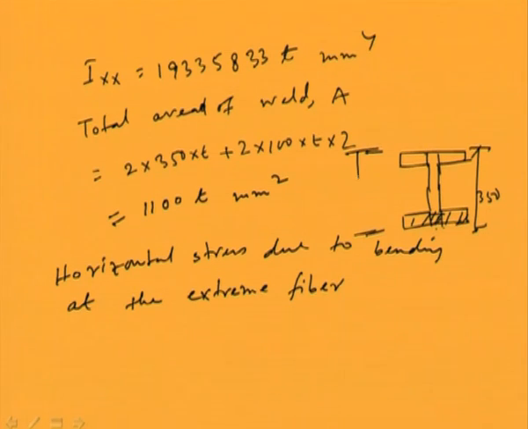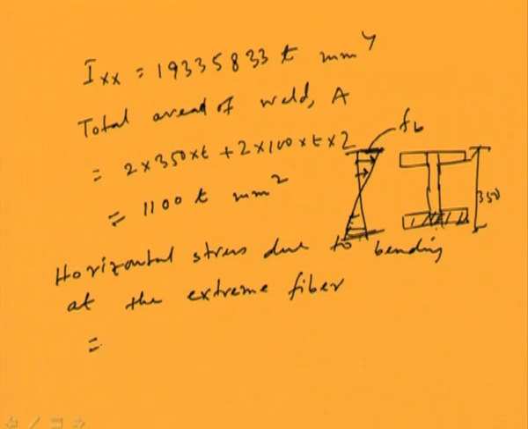If I look at the stress distribution over the depth of the section, the stress will be like this, and the stress direction will be like this. So the stress distribution will be like this. The maximum stress will be either at the top or at the bottom, that means at the extreme fiber.